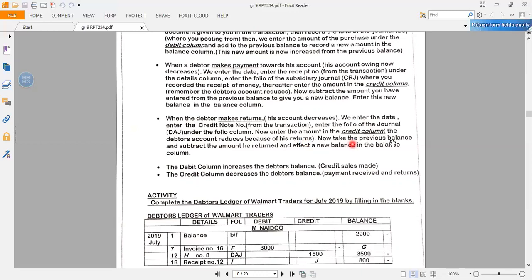Now take the previous balance and subtract the amount he returned and effect a new balance in the balance column. Remember, the debit column increases the debtor's balance, that is whenever a credit sale is made, and the credit column decreases the debtor's balance, that is when payment is received from the debtor and when returns are received from the debtor.